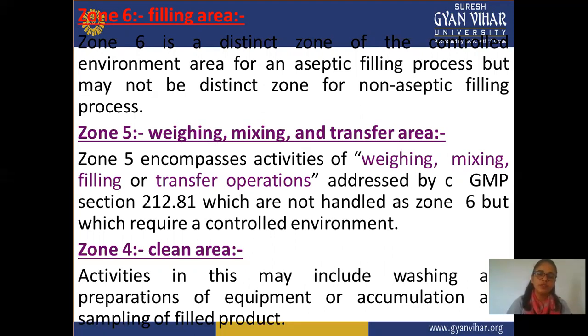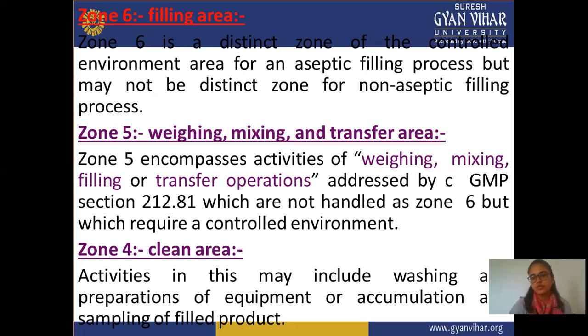And zone 5 is the weighing, mixing and transfer area. In zone 5 we mainly use it for weighing, mixing, or transfer of material from one zone to another zone. So zone 5 encompasses the activities of weighing, mixing, filling, and transfer operations.